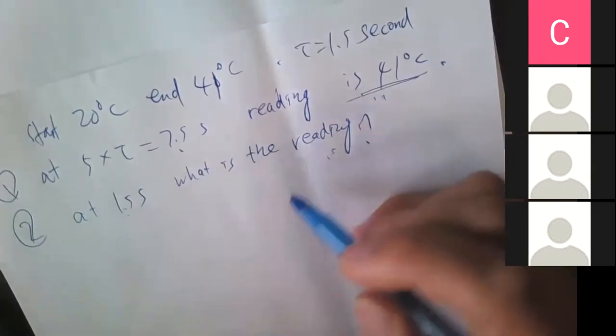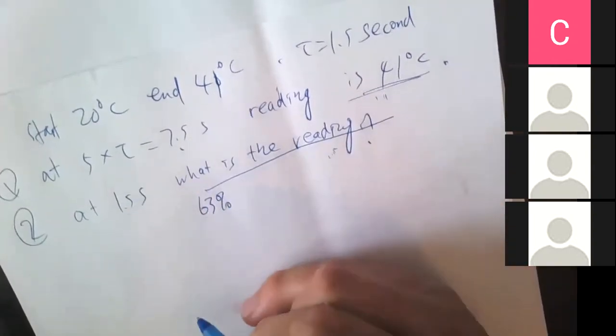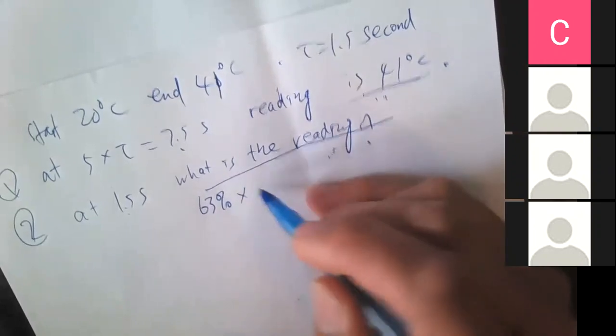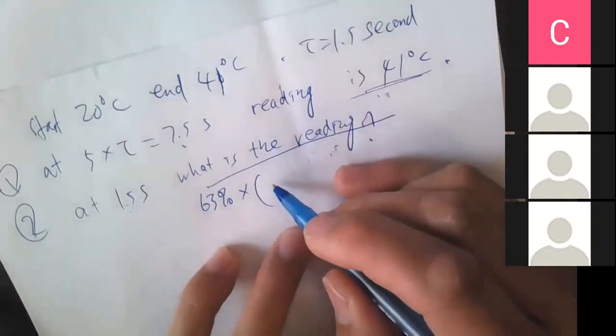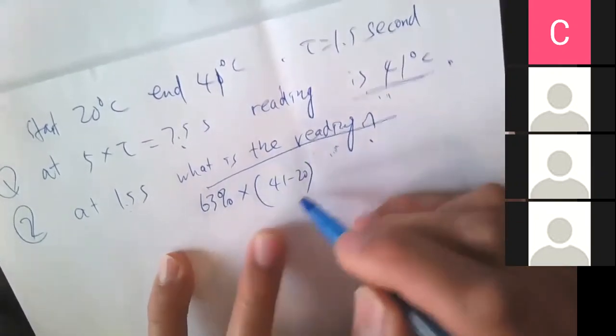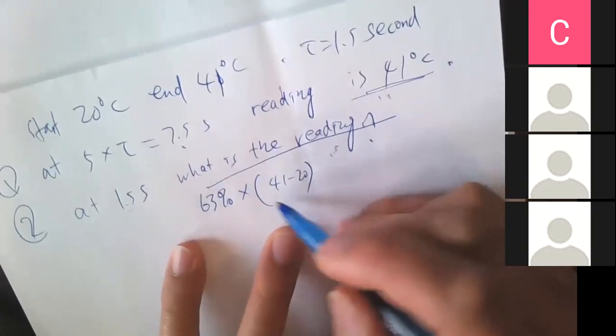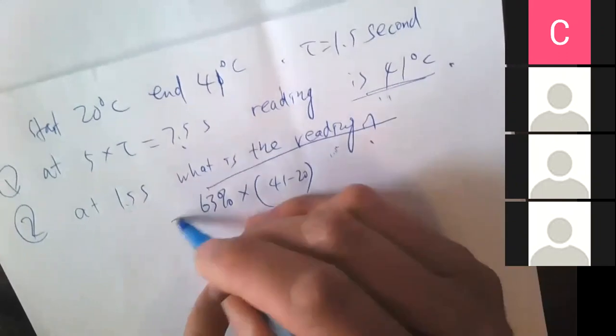So let's do it. The sensor reading will be 63% of the measured difference plus 20.